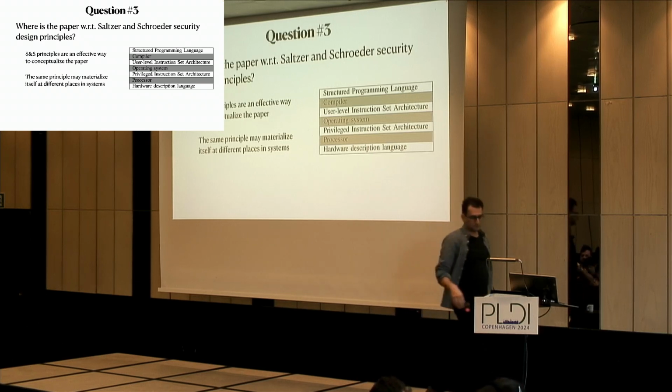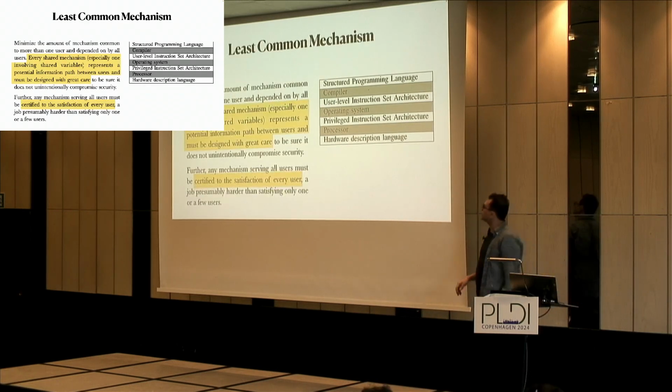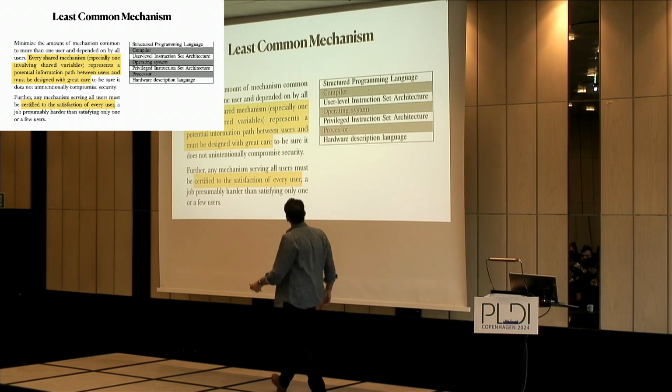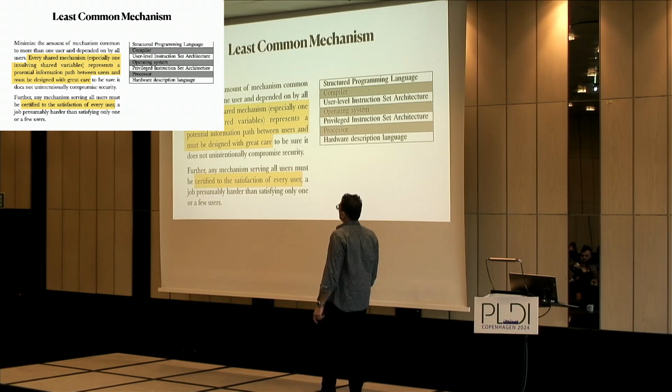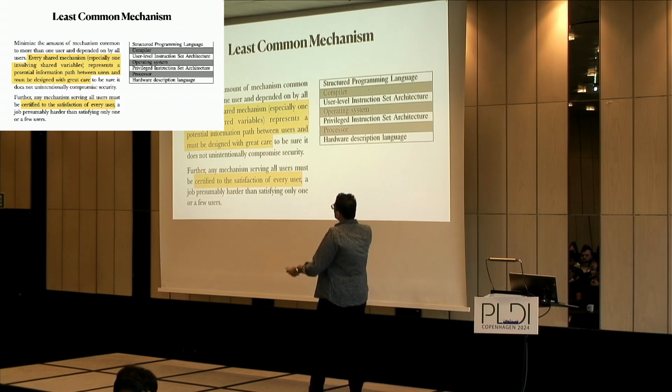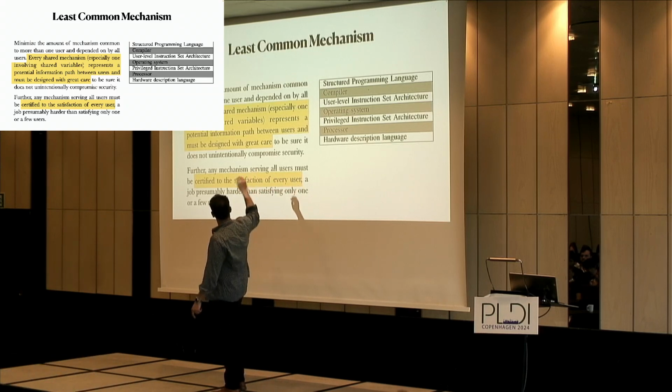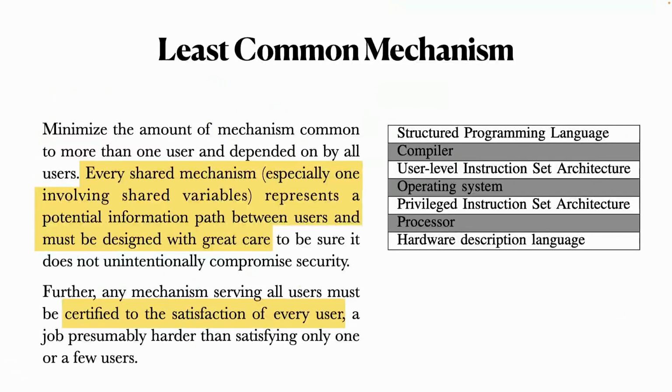For example, there's a principle called least common mechanism that says one should minimize the amount of mechanism that's common to more than one user and depended on by all users, right? Every shared mechanism, especially one involving shared variables, represents a potential information path between users and must be designed with great care. Further, any mechanism serving all users must be certified to the satisfaction of every user.